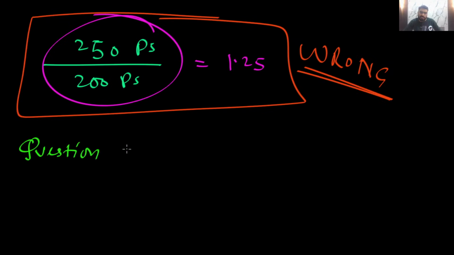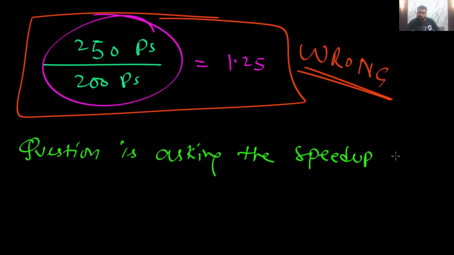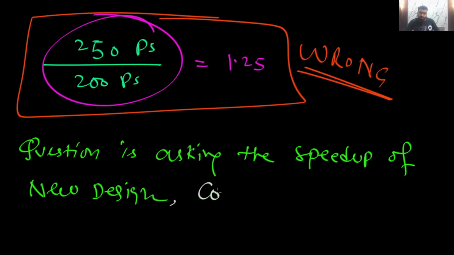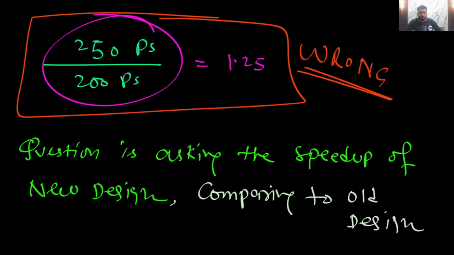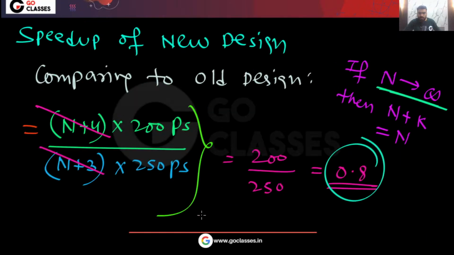The question is asking the speed up of new design when you compare to the old design. So this is the point. The new design is actually slow. That is the reason the speed up is 0.8.